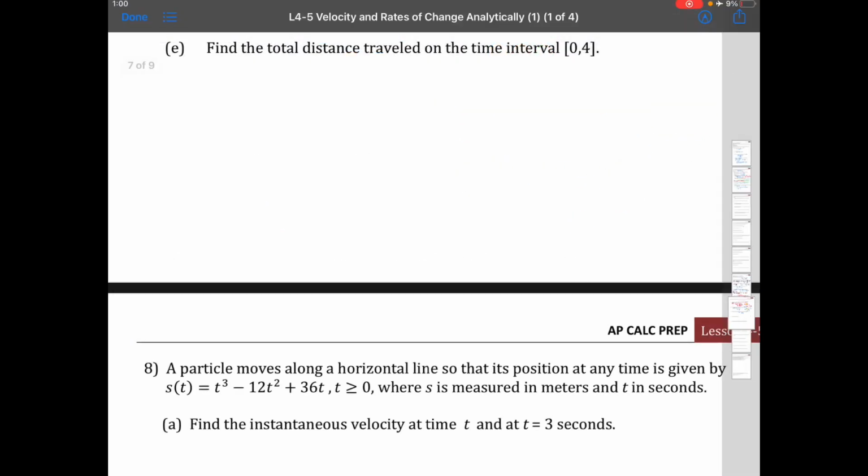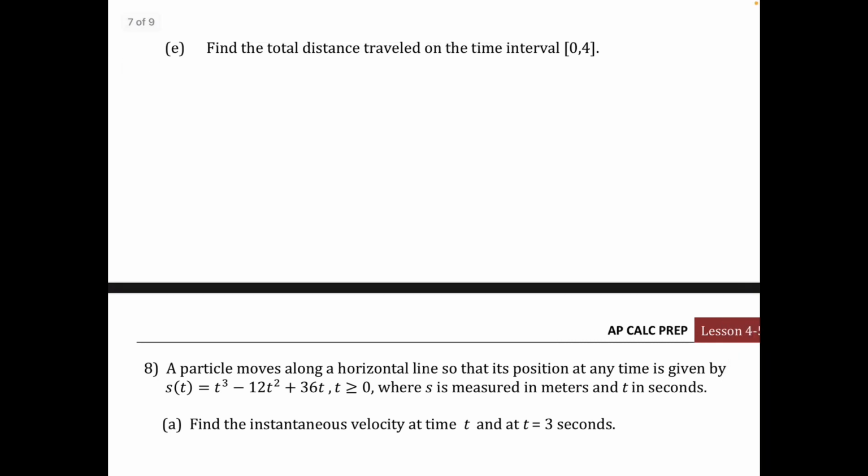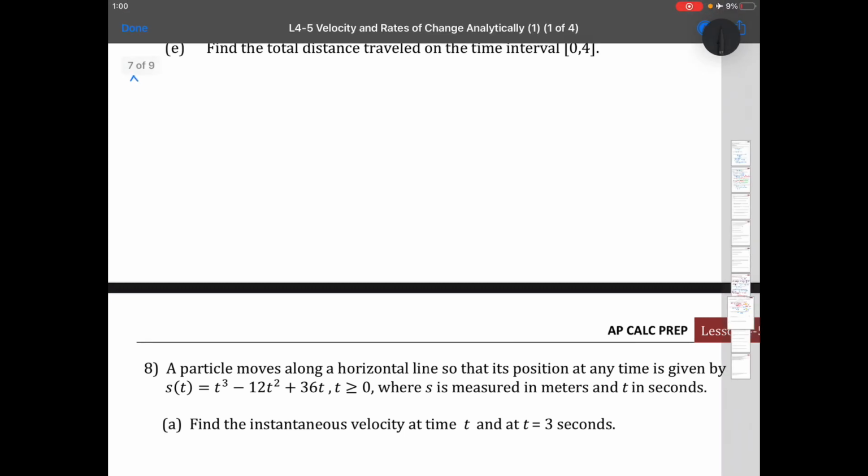Part E. Find the total distance traveled on the time interval. Again, I want you to be very careful. If I was asked for displacement, all I would have done is x of 4 minus x of 0, and that would give me my displacement.